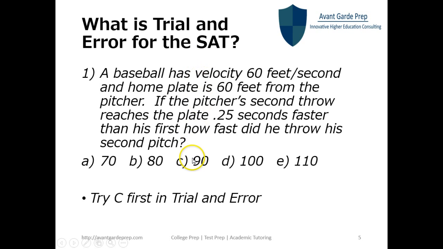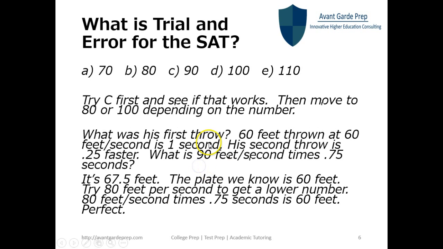But you would have a list to choose from. So with trial and error it's made easy. What you want to do first is try C. C in this case is 90 feet per second. Try C and see if that works. After we try C, we'll move on to D or B, depending on if we want a larger number or a smaller number.